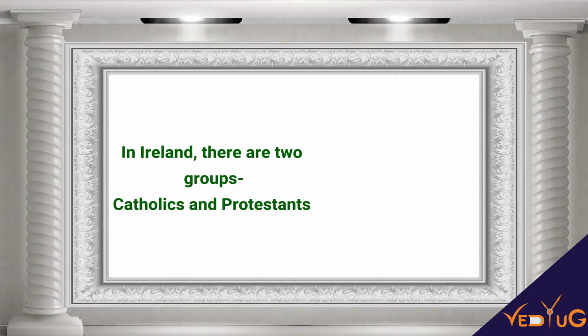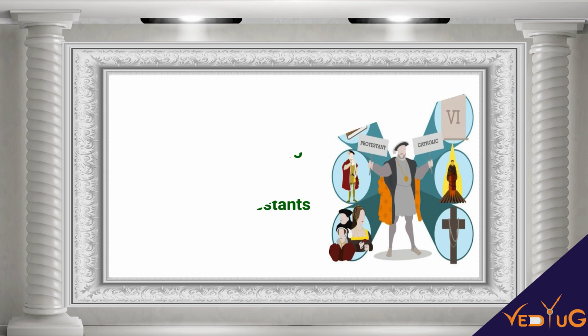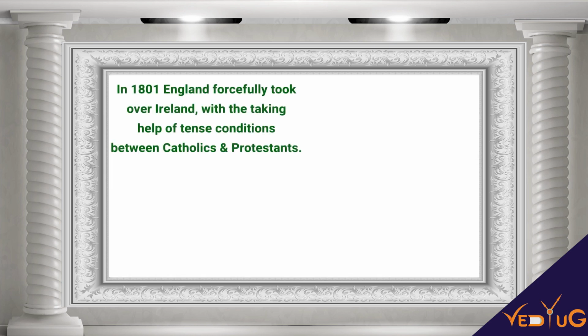Now two groups were there in Ireland, Catholics and Protestants. So there was always a tense situation in Ireland because of the disputes between these two groups. And as always, England took advantage of this tense situation and forcefully captured Ireland in 1801.